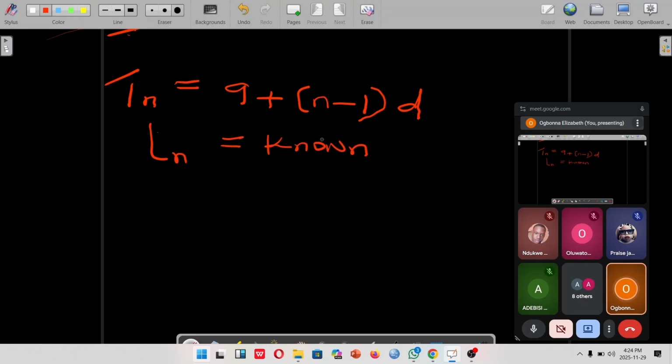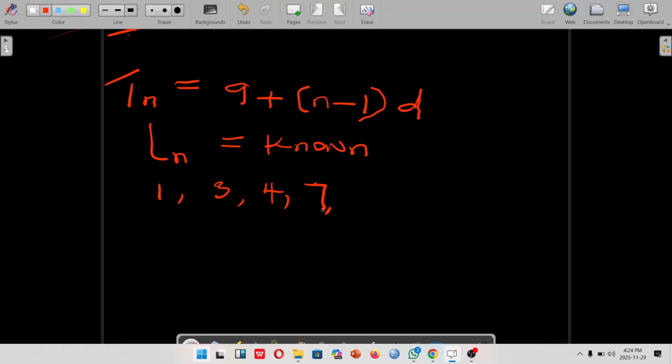When the last term is known, for example, that is when we have a finite sequence where you have 1, 3, 4, 7, okay, just like that, and then you now have, let's say, 54. So in this sequence, this one is known as the first term, which is the same thing as T1. This one is known as T2.